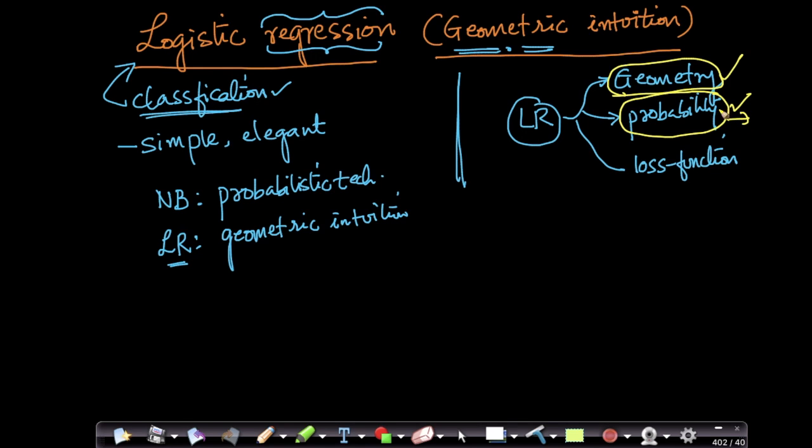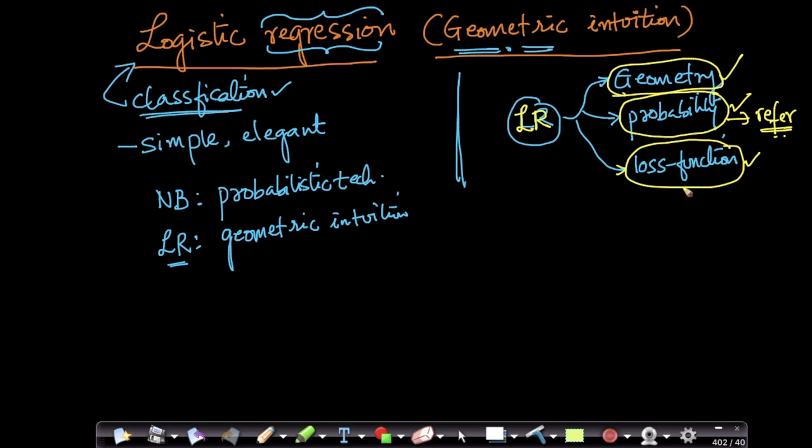But I'll give you an introduction to it, and some reference material that you can read up if you're very comfortable with probability. We'll also go through the loss function interpretation in full detail. So using all three of them, you'll arrive at the same formulation, the same solution for classification using logistic regression.